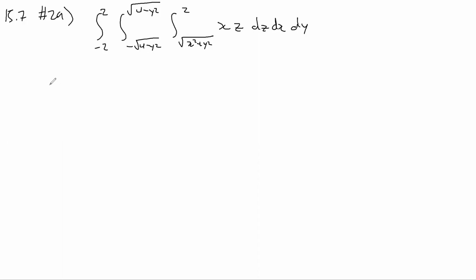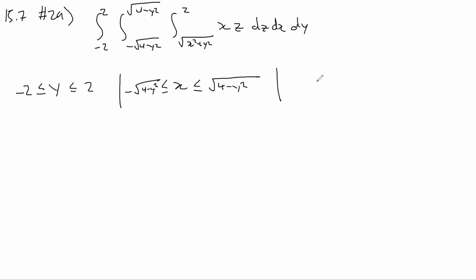So we can say that y, based off this triple integral, is going to be bounded between -2 and 2. Now, x is going to be bounded between negative square root of 4 minus y squared and square root of 4 minus y squared. And then finally, z is going to be bounded between square root of x squared plus y squared and 2.